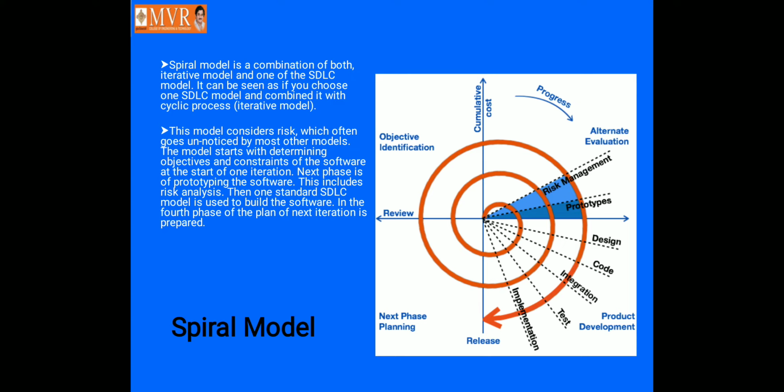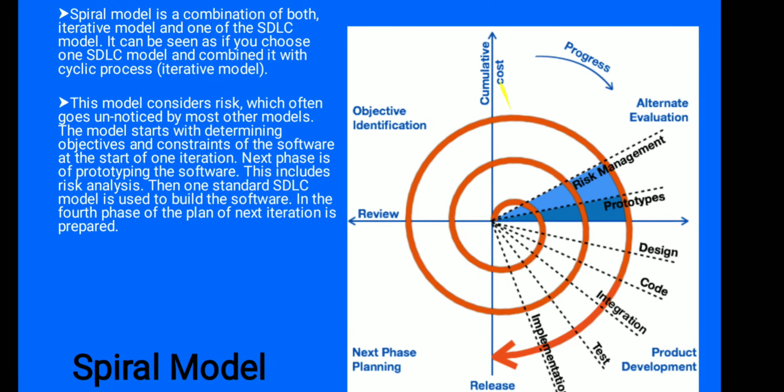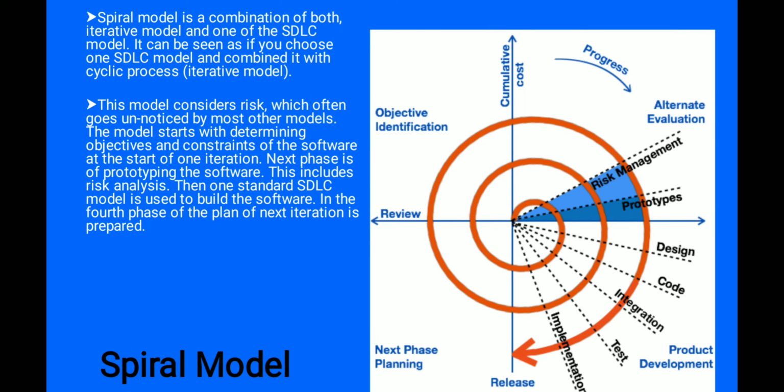Here it is a spiral, which means it is a type of circle. See the diagram, I am going to enlarge it. The initial part of the circle is 0. It moves in a circular way, and the arrow mark shows a release.